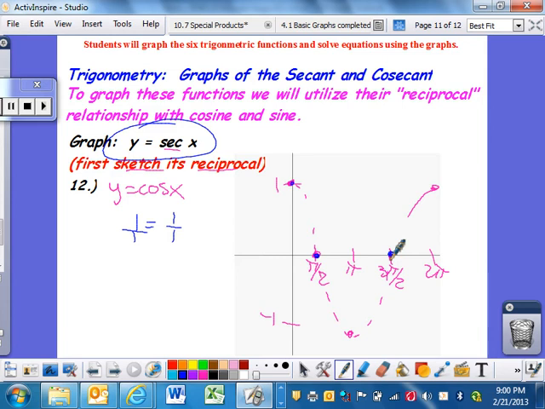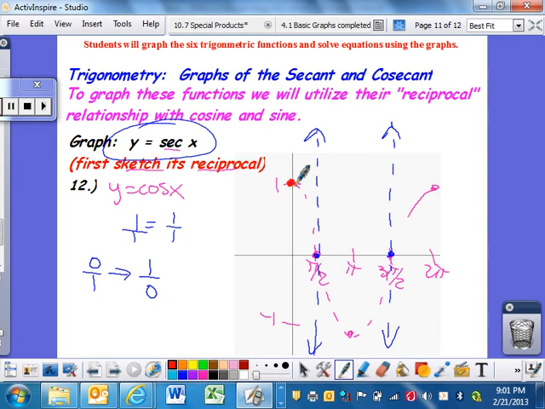Because if at pi over 2, cosine is 0, if I flip it, the secant's going to be 1 over 0. That's undefined. That's a problem. So we are going to end up with asymptotes on secants and cosecants on any of the values that are at 0 on the original picture. Okay? And then everything else is a reciprocal.